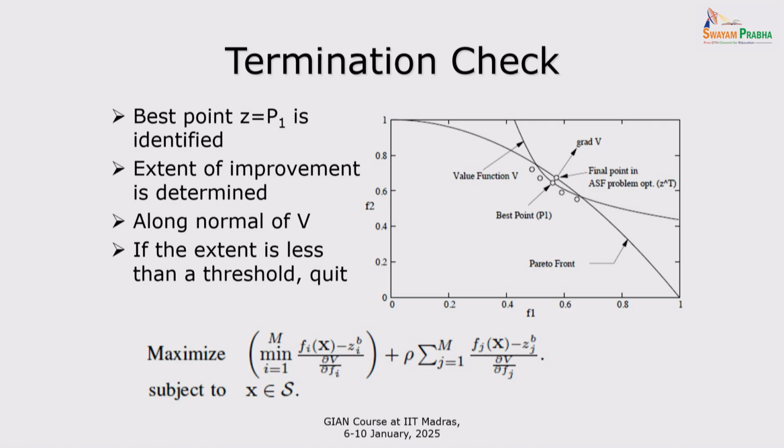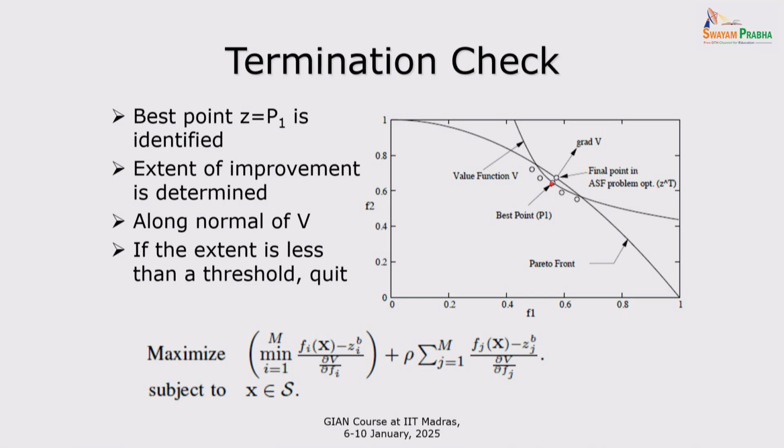Okay, now how do you utilize it? There are several ways you utilize this. First is, I got the value function, and let's say here is my F1, F2 space, here is my Pareto set. So from the value function point, if these are my current Pareto points, I take one of the points, I can decide whichever way, using some ASF or whatever.